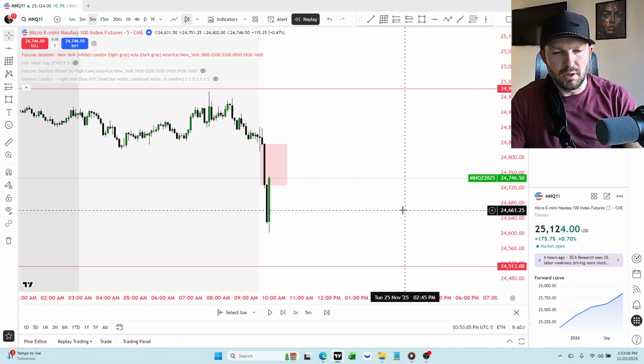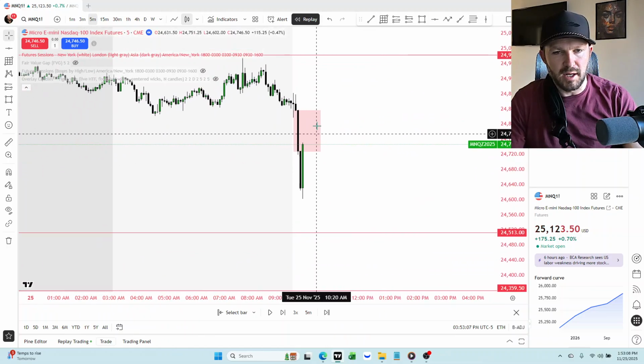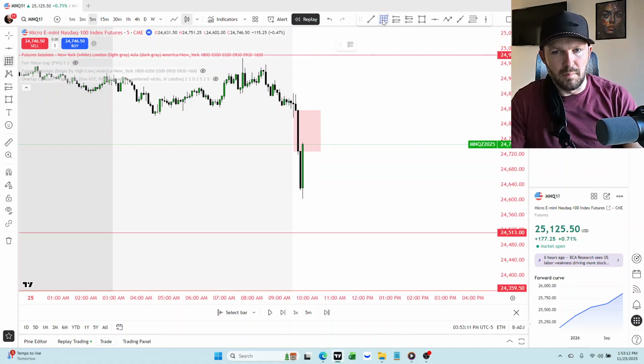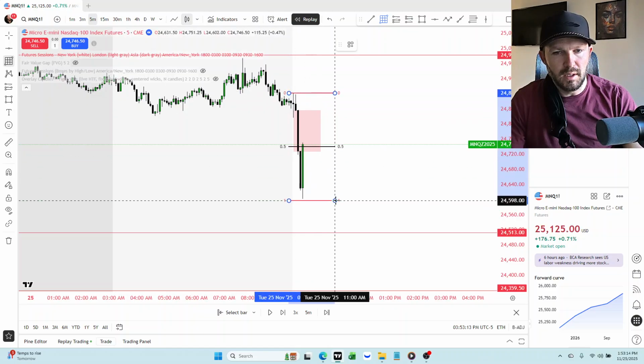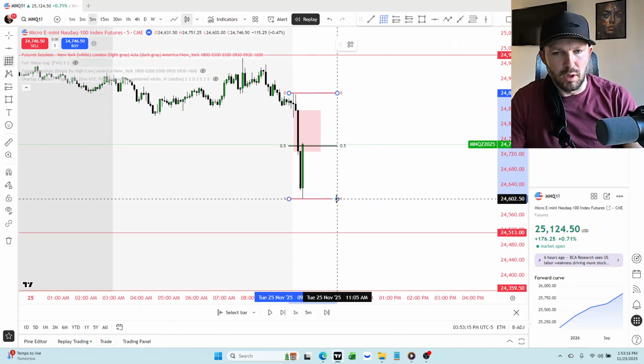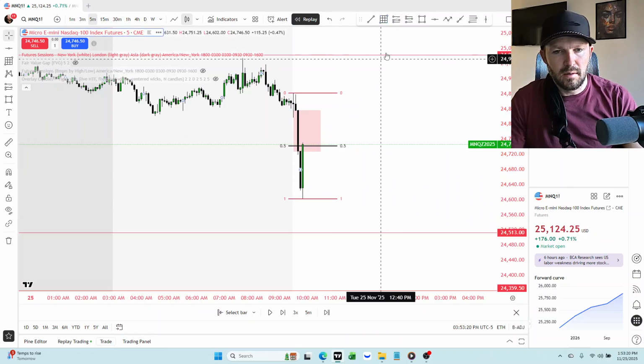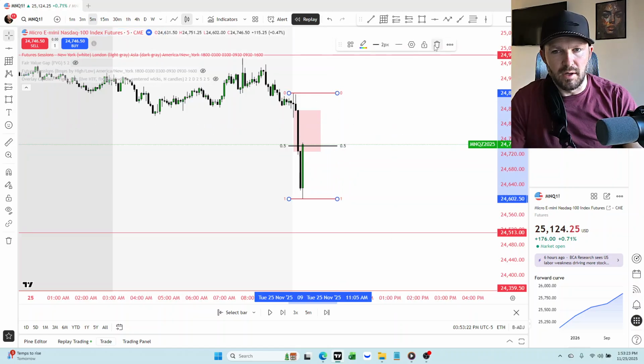So what I'm looking for more or less is just a reaction inside of this fair value gap. Maybe pull back to equilibrium, which we're at right now, and respect this bearish fair value gap.